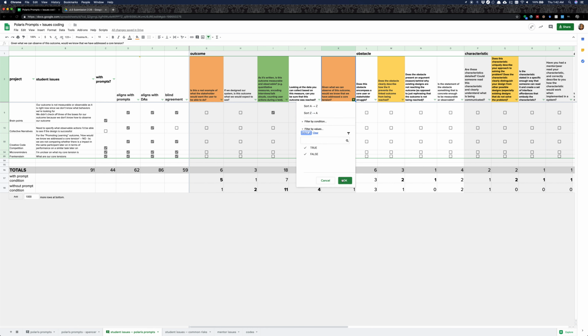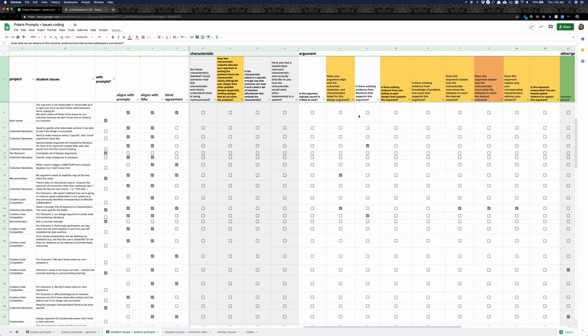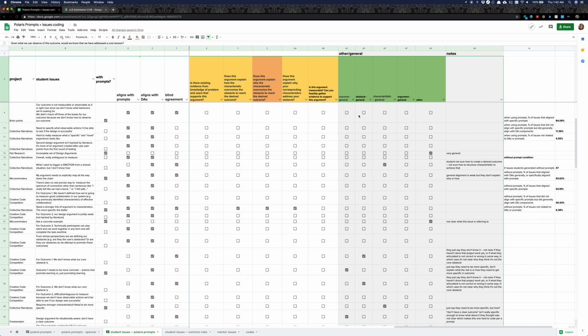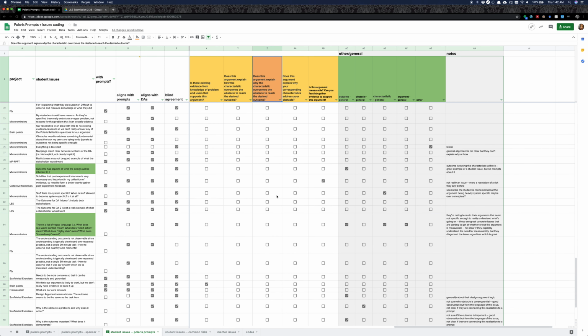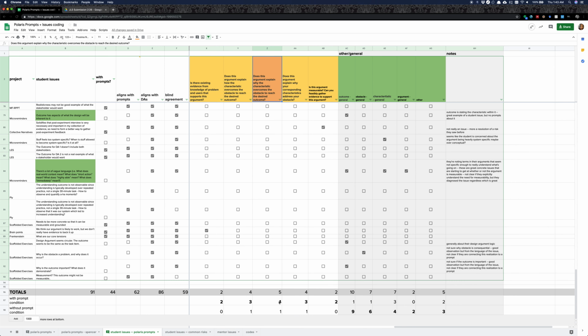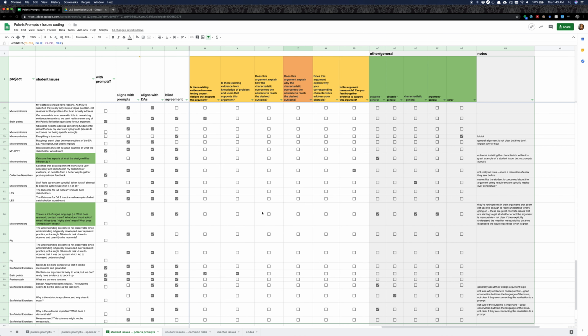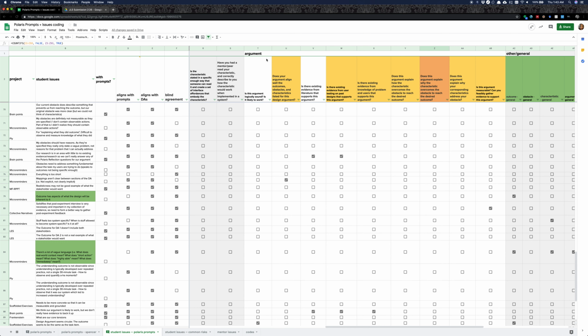Okay, and then finally, another one that seemed to really help students catch issues they weren't really able to catch without the prompt was the explicit prompt within the argument section asking if their argument actually explains why the characteristic overcomes the obstacle to reach the desired outcome.